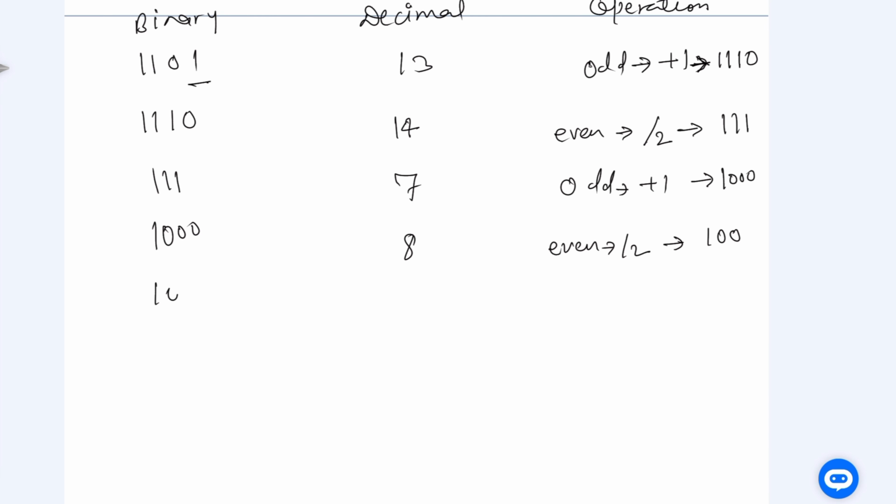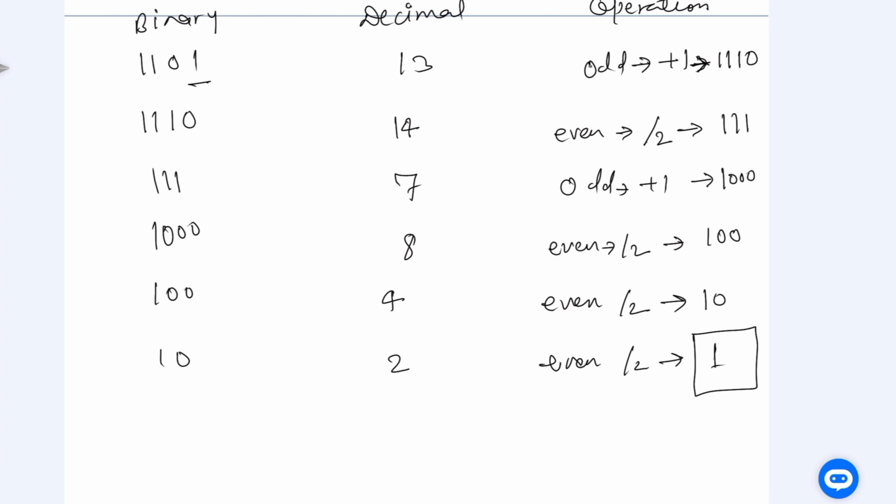Now 100 is 4, which is again even, so divide by 2 and it becomes 2, which is 10. Take 10, this is 2, still even, divide by 2, so it becomes 1. So at the last you will get 1.